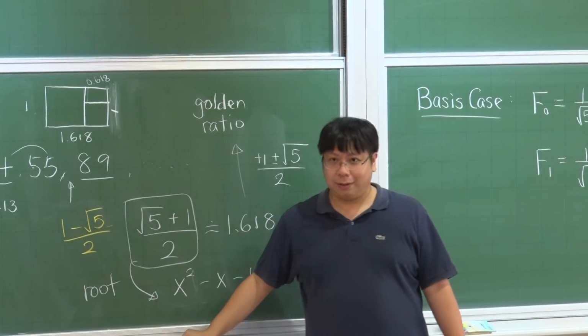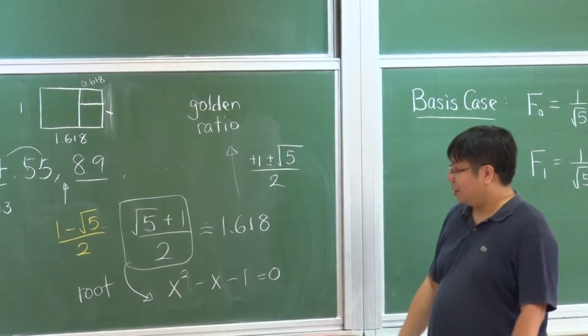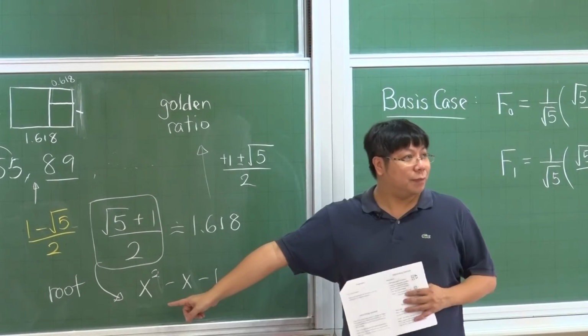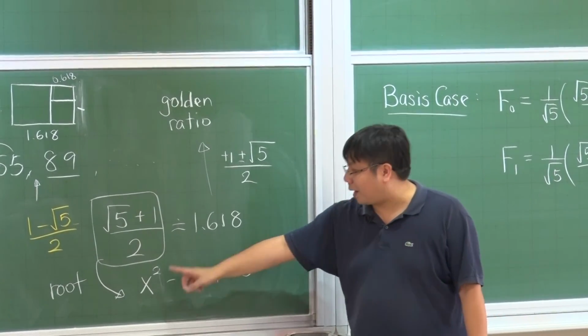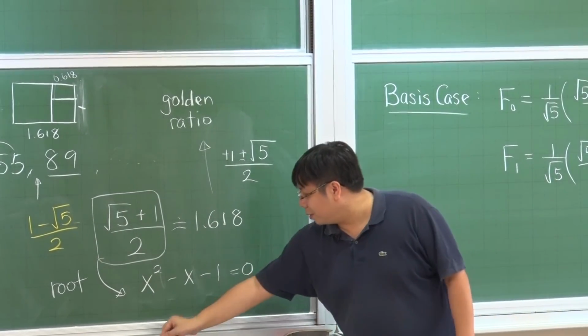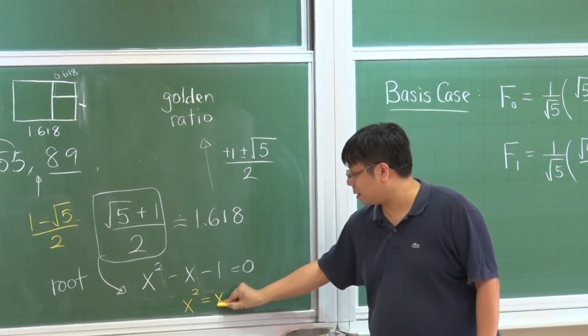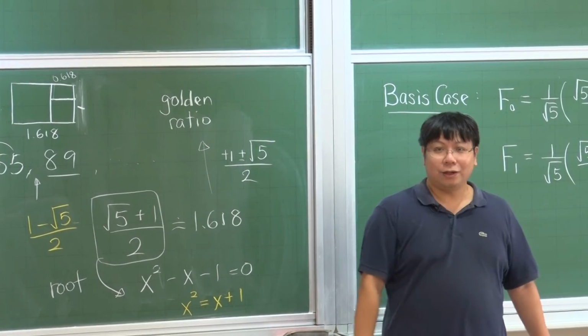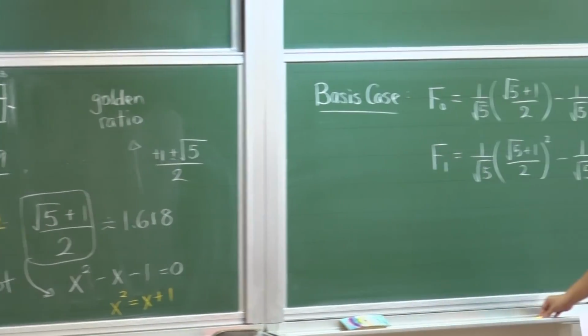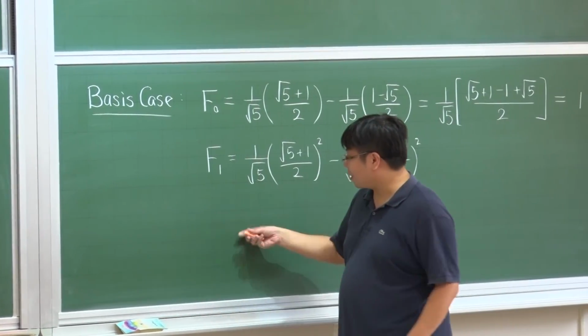So there are two roots. These two roots have the same property that x squared is equal to x plus 1.